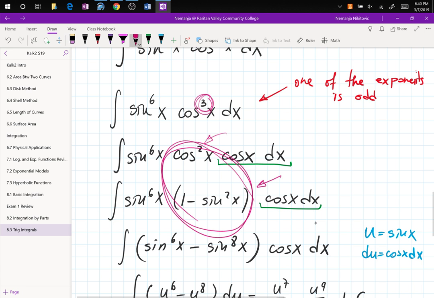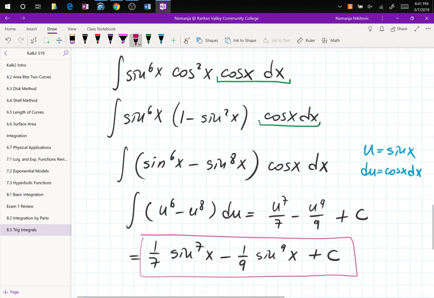This is the flavor when one of the two exponents is odd, or if both are odd, you can still use this method. You can just pick whatever one you want to peel.